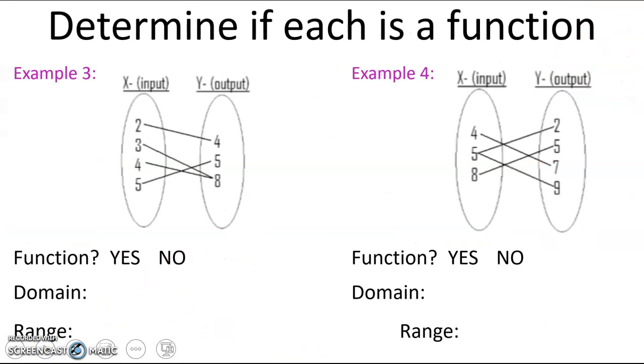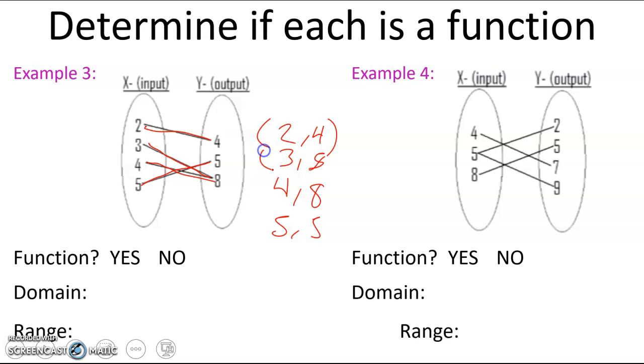Let's do this one here. These are my x values, my inputs, and these are my y values. I have 2 going to 4, 3 goes to 8, 4 goes to 8, and 5 goes to 5. Now, if I were to write this out as ordered pairs, it would be 2, 4, 3, 8, 4, 8, and then 5, 5.